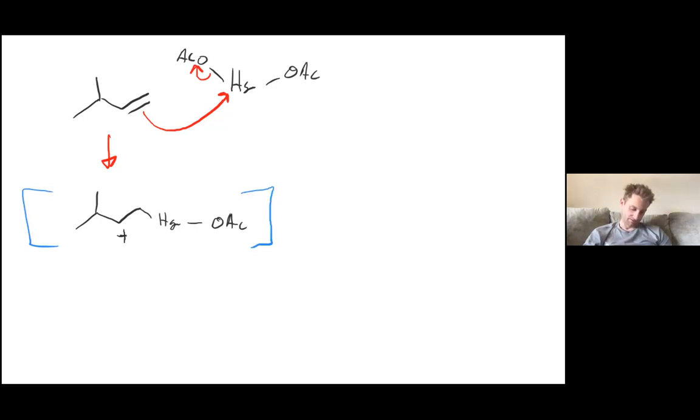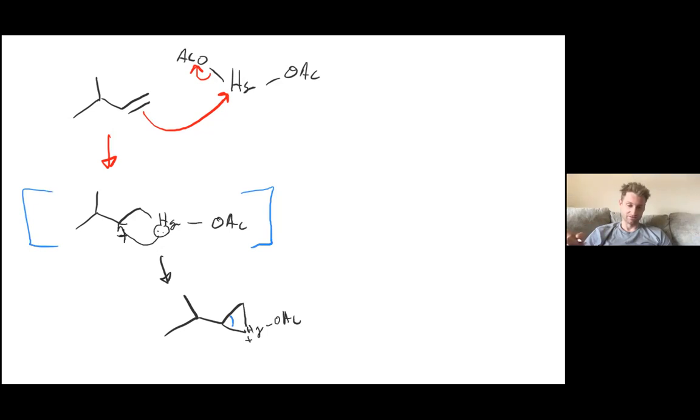And then this is going to close. So these electrons are going to go in, and we're going to make a 3-membered ring. The way that these 3-membered rings work is that typically your bond angle would be 109 degrees, but clearly this isn't.